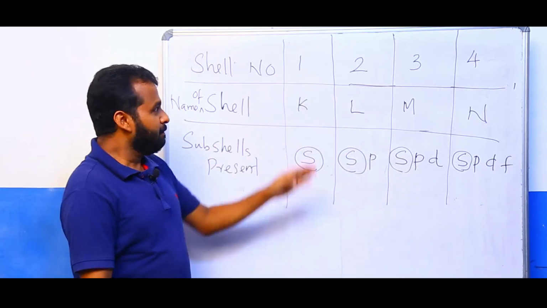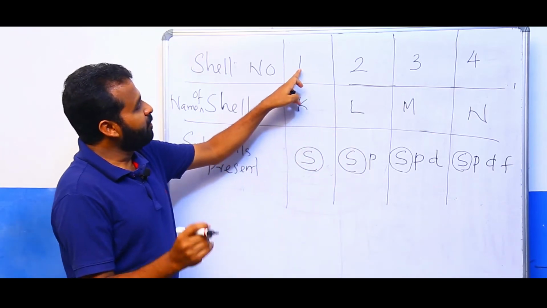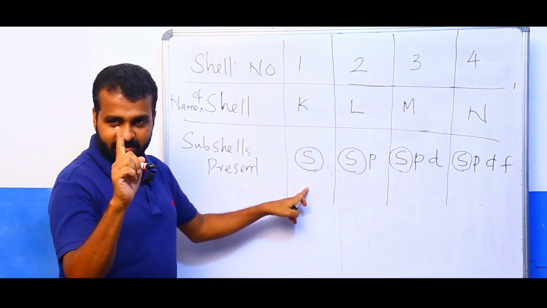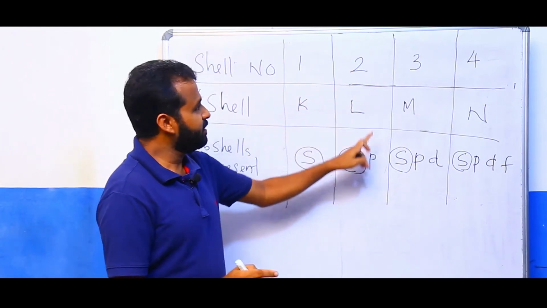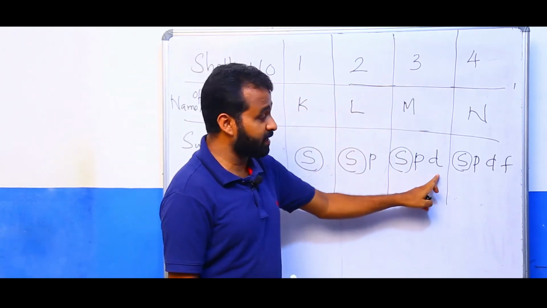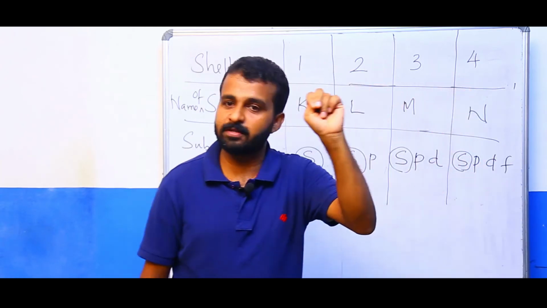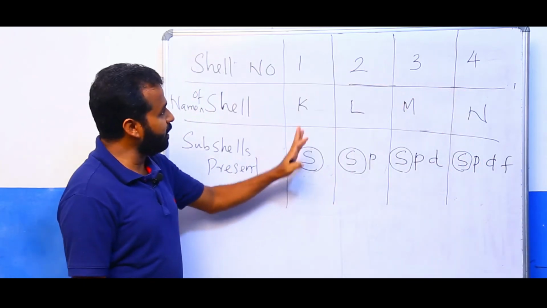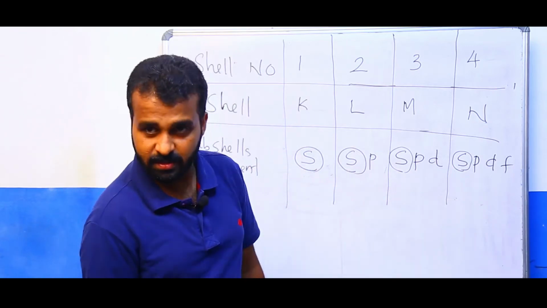Very good. Both are equal. First shell has only one subshell. Second shell has two subshells. Third shell has three subshells. And fourth shell has four subshells. So shell number and number of subshells present are equal.